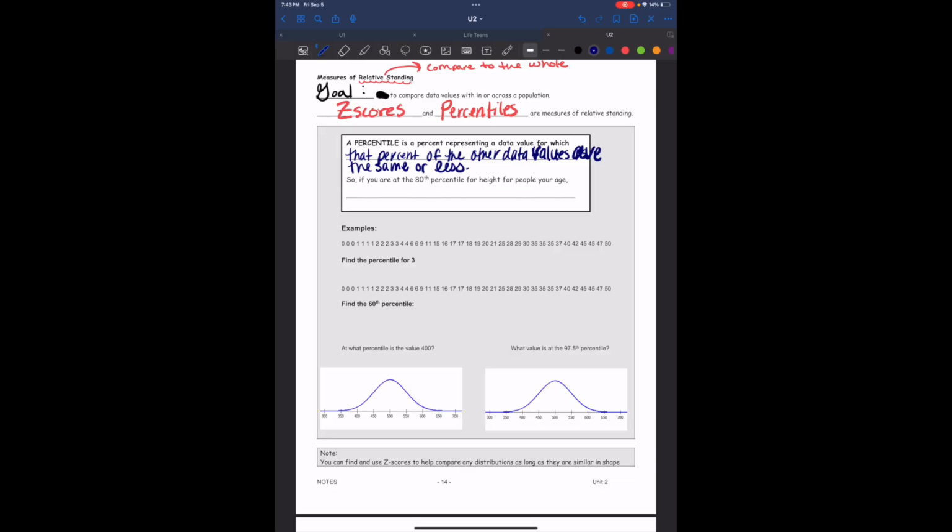Okay, maybe that doesn't make any sense. Let me reread that. A percentile is a percentage representing the data value for which that percent of the other data values are the same or less.